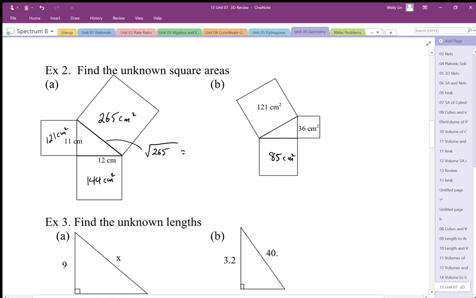If I do that on my calculator, I get the square root of 265. The decimal value for that is 16.28. Okay, so that's approximately 16.28 centimeters. This is a better solution because that's an exact value solution.